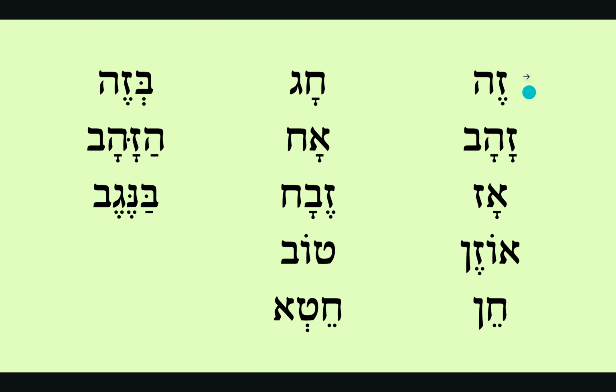Okay? Zeh, this. Zahav, gold. Az, so. Ozen, ear. And you'll remember from last time, I keep forgetting to take this out, that I've added in a vav out of habit.